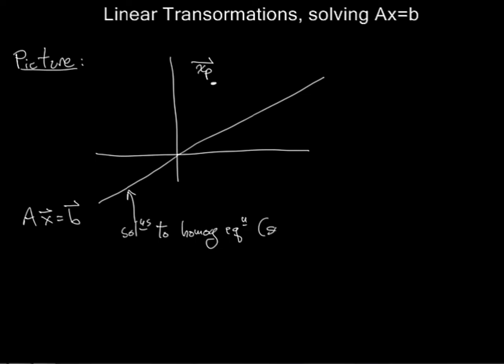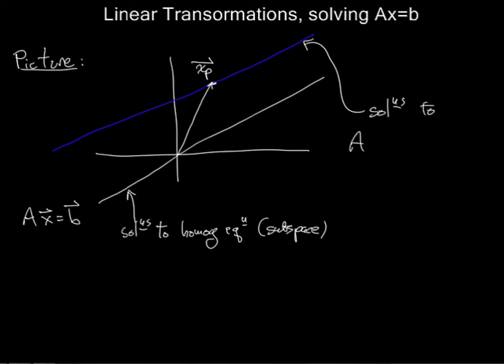So that's the solutions to the homogeneous equation. Well, then the solutions to the original equation are just obtained by shifting this, by adding xp to it, and what we get is this line, this blue line, which consists of the solutions to the original equation. So it's not a subspace, but it's a translated subspace. You take a subspace and you move it by a single vector, or a shifted subspace.